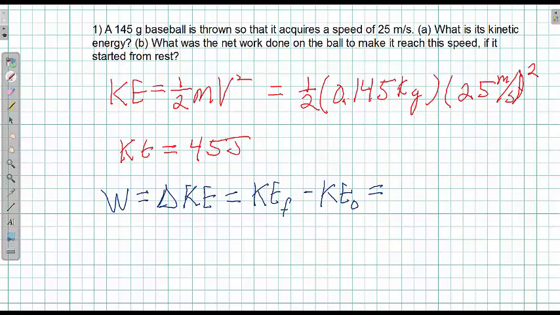We just found the final; we know that's 45 joules. At the initial point in time the velocity is 0, so 1/2 m doesn't matter, it's still going to be 0, so minus 0 joules. Our work is simply 45 joules.